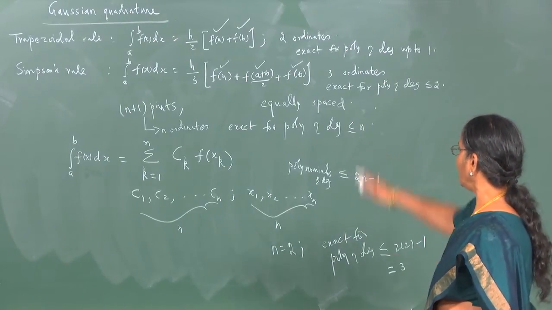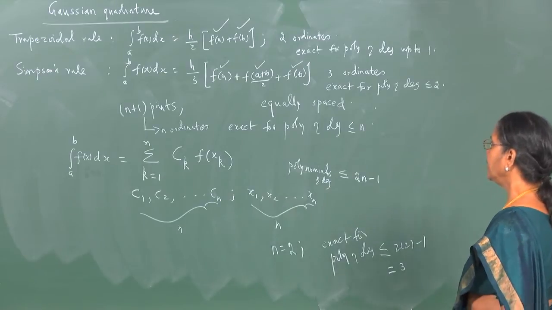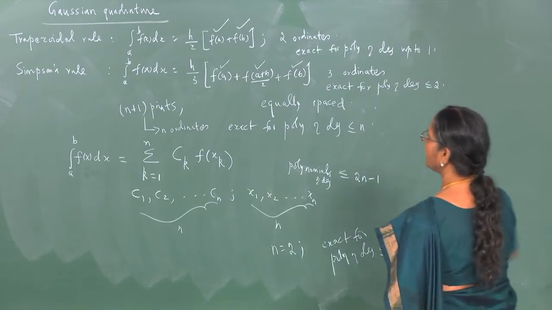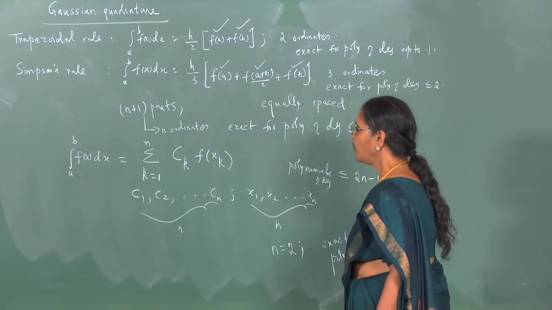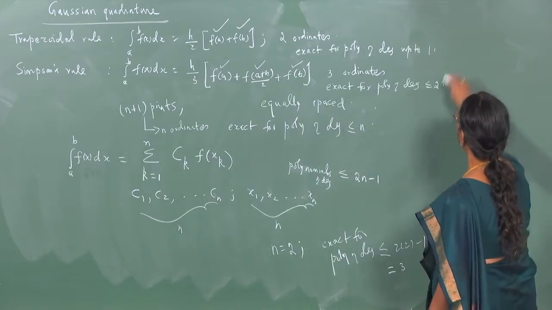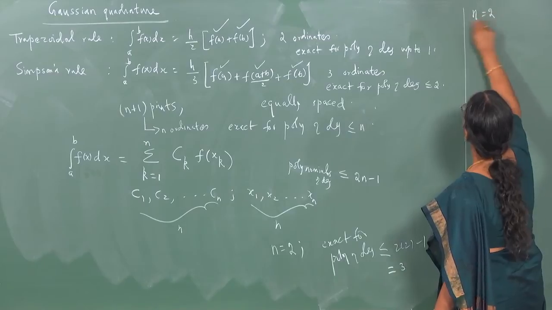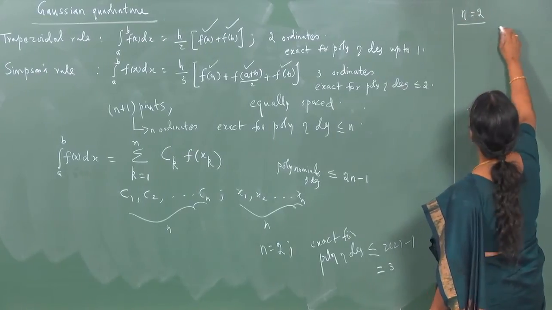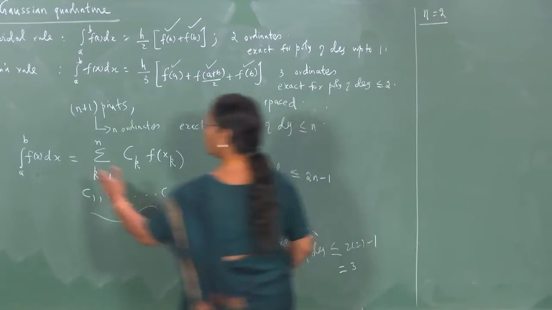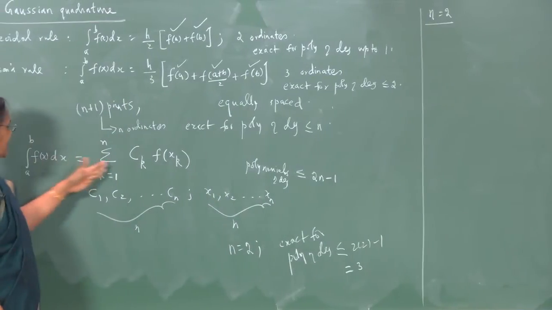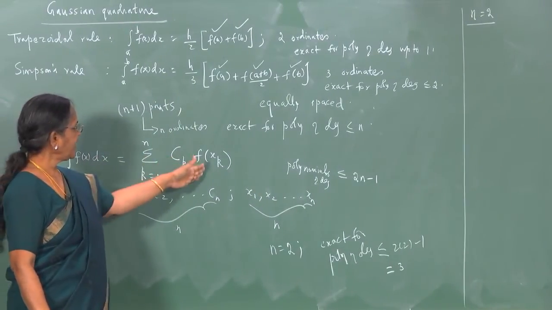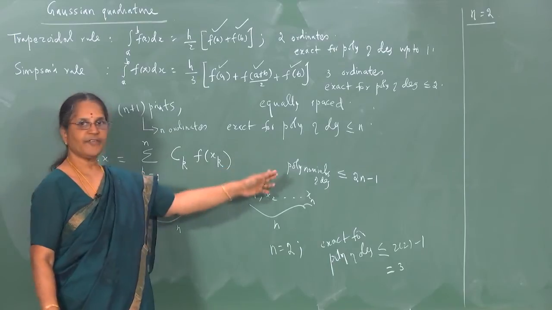So, let us work out the details proposed by Gauss and arrive at a Gauss quadrature, say for the case when n is equal to 2. So, we require an integral of the form a to b f of x dx equals c1 f of x1 plus c2 f of x2.